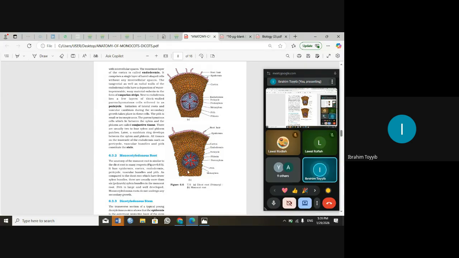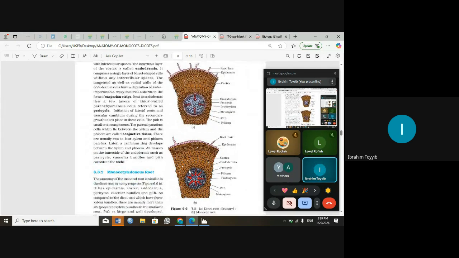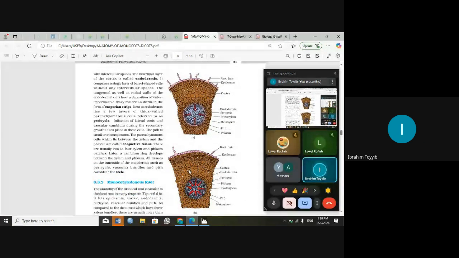This is monocot root. These are the two major things here. In this whole topic, the very, very important aspect is this diagram: the monocot root, dicot root, and the diagram of the structure of the leaf.